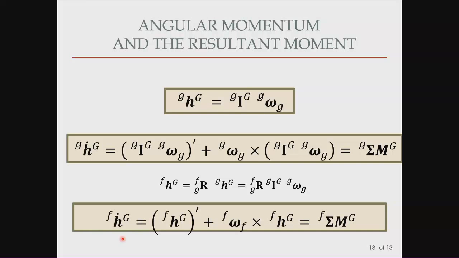Okay, so I need you to understand the difference between this omega that is not necessarily related to the rigid body itself. This frame F here could be some arbitrary frame that is not attached to the rigid body.